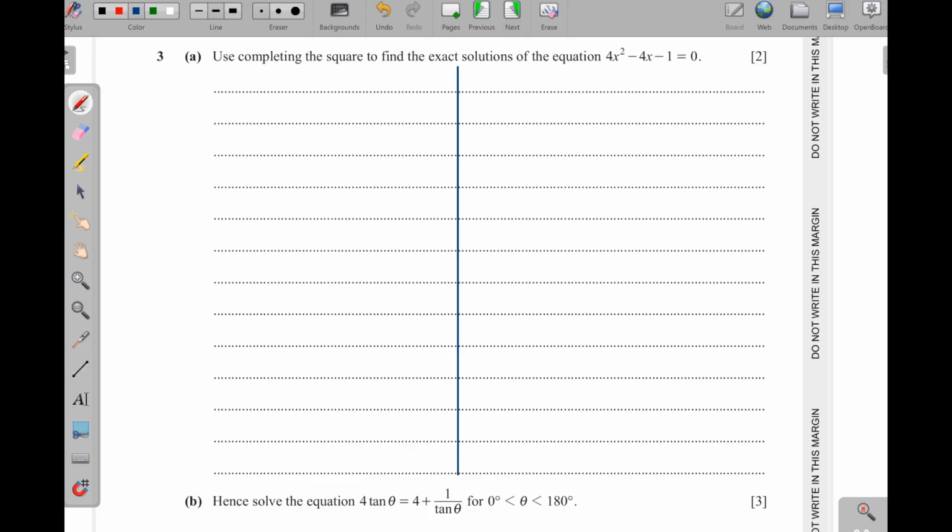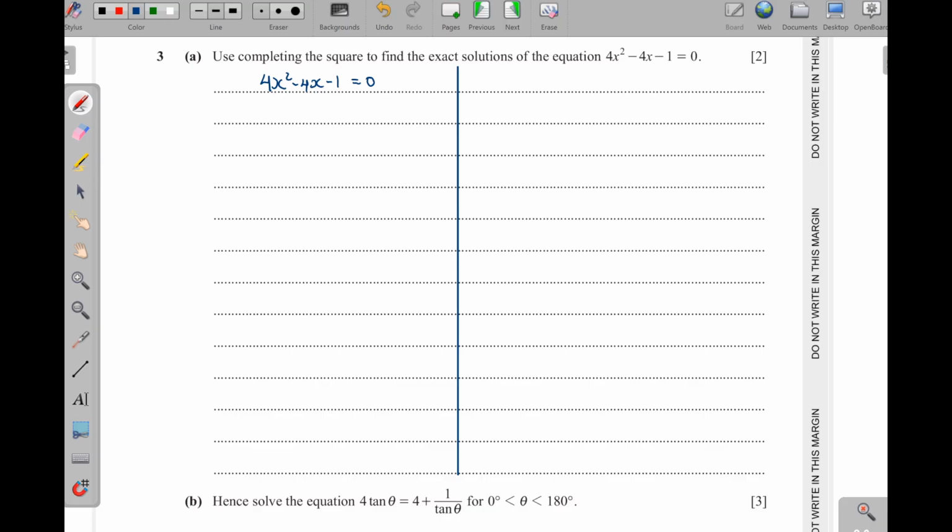Number 1, I have this 4x squared minus 4x minus 1, which is going to be equal to, we make sure that the coefficient of x squared is a 1. So because it is a 4, then I'm going to divide it all through. Okay, so when I do, because this is an equation, I divide it all through. If it was an expression, then I was going to factorize it.